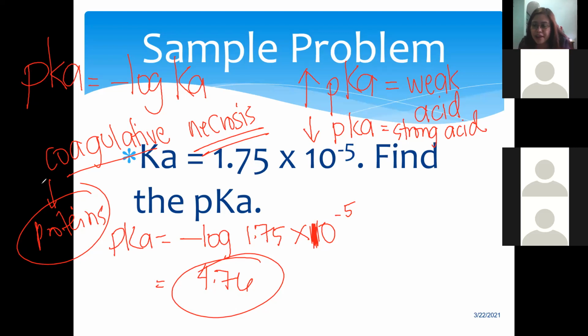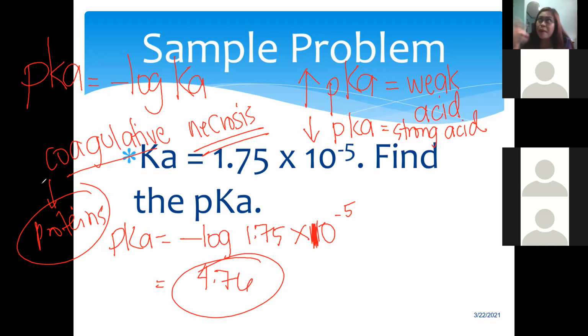So paano mabalaan kung high or low ang pKa? It's the same thing kasi it will also follow the 1 to 14 but it's baliktad. Baliktad siya sa pH. Kasi 'di ba sa pH, if it's less than 7, it's acidic. But for pKa, baliktad yung kanyang interpretation.